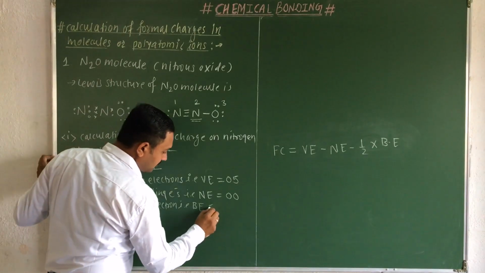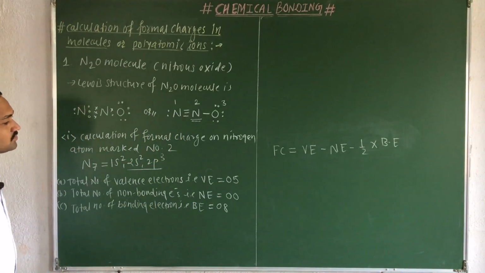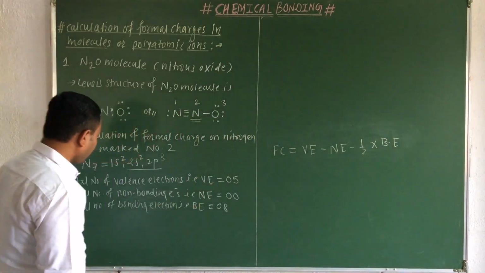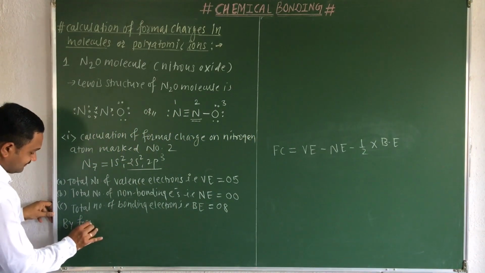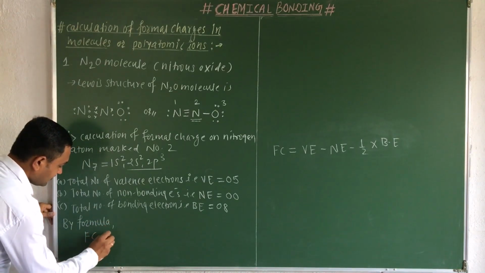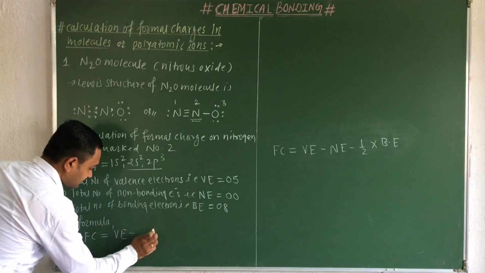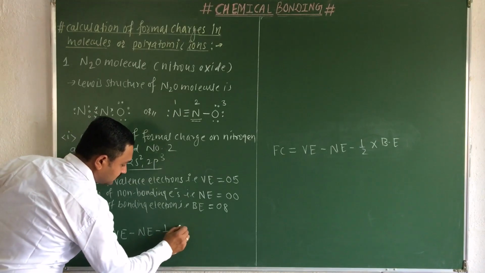So the total number of bonding electrons will be equal to 8. That's it. So we got all the values of the terms. Now just apply the formula. By the formula, FC equals VE minus NE minus 1 by 2 into BE.